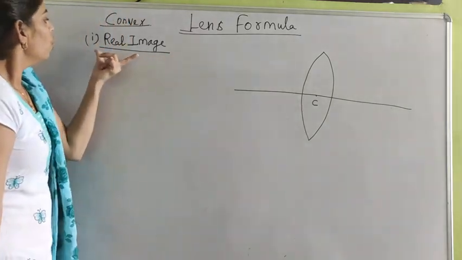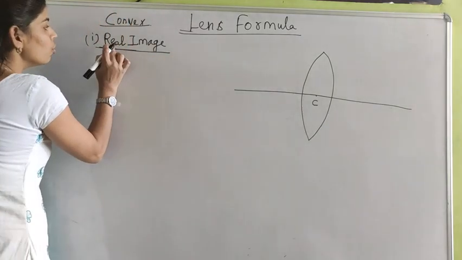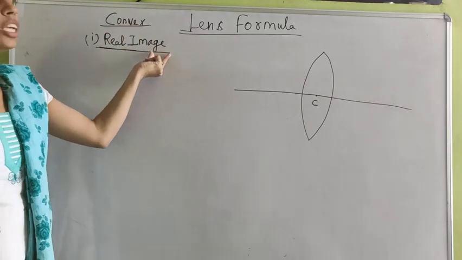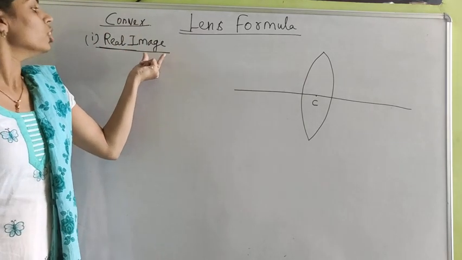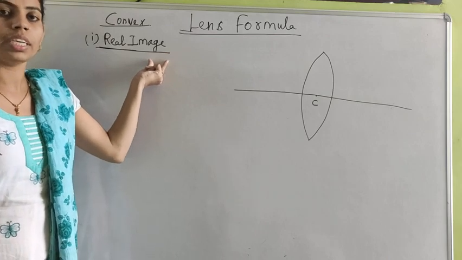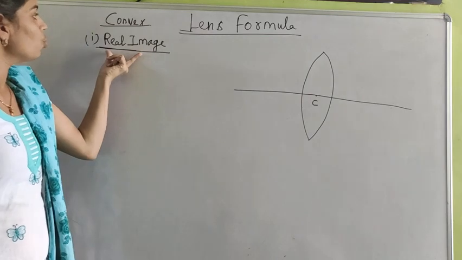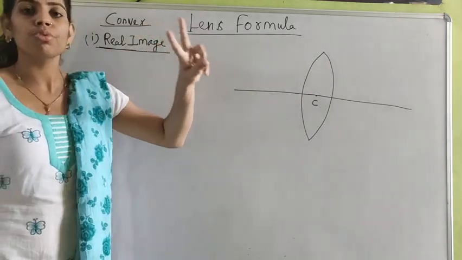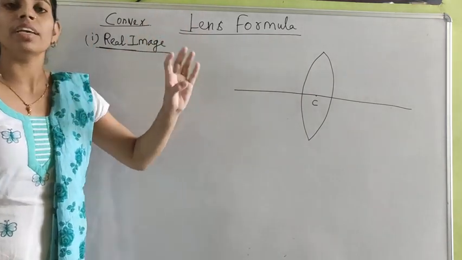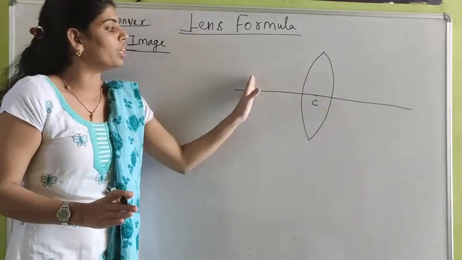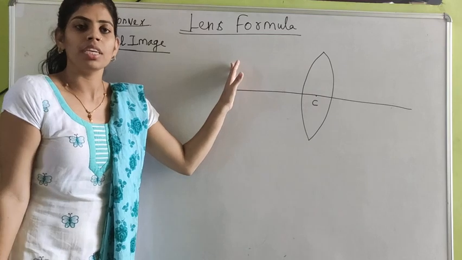Now we have to remember one thing: when the convex lens forms the real image, in that case the position of the object is beyond the focal length. A convex lens forms two types of images, real as well as virtual, depending on the position of the object, that is, in front of the lens where your object is located.